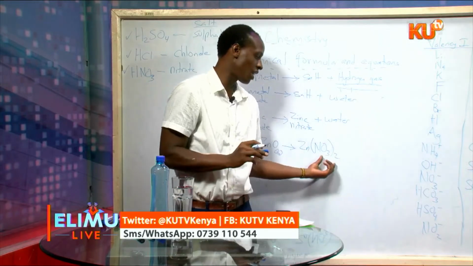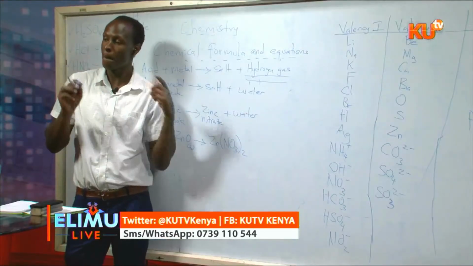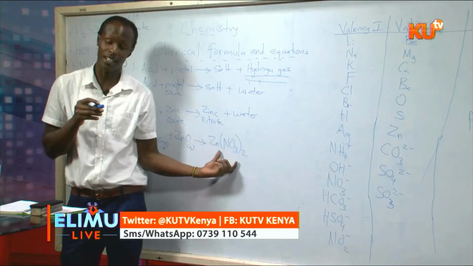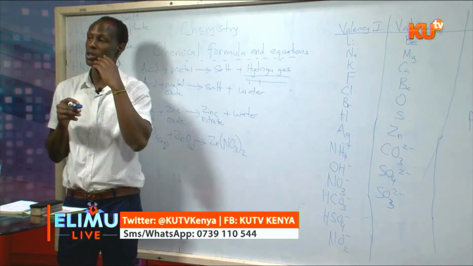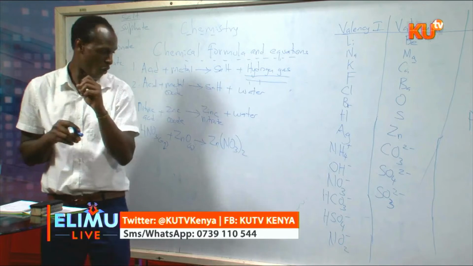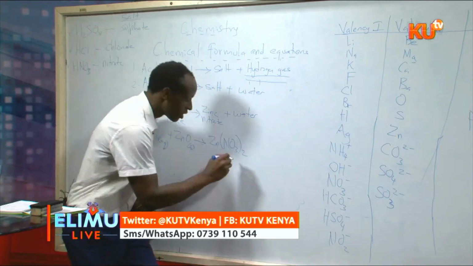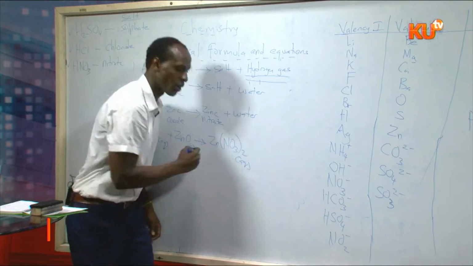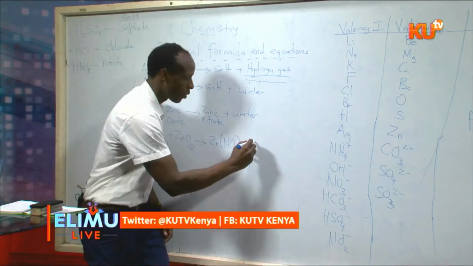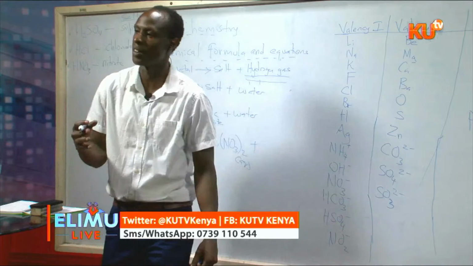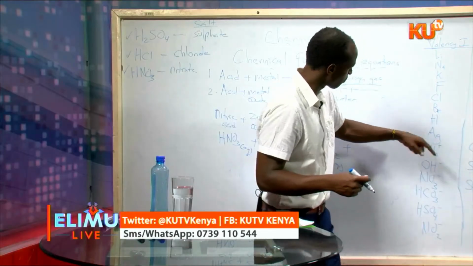And because nitrate is a radical, and you want to put a 2, you have to put it in brackets. That's what we had talked earlier when we were looking at chemical formulas. So we have zinc nitrate. It's a soluble salt, so aqueous. Plus water. Water is hydrogen and oxygen. What's the valency of hydrogen?